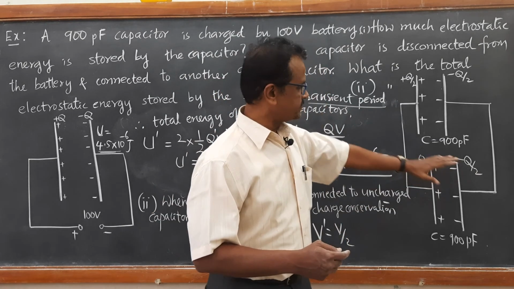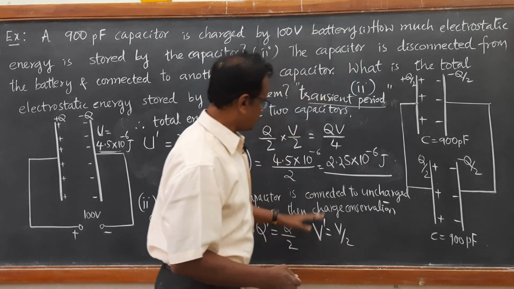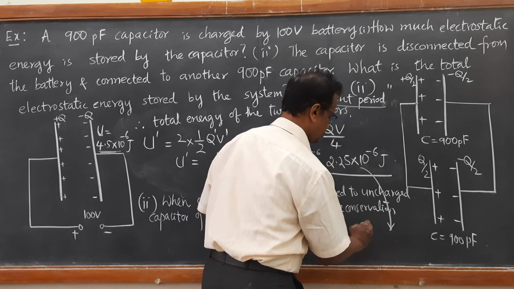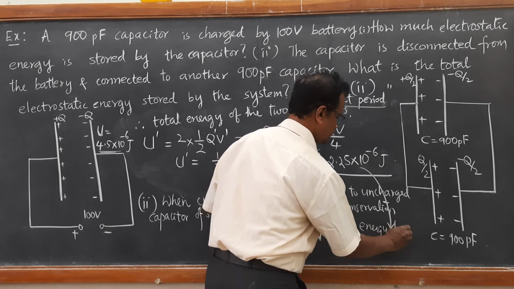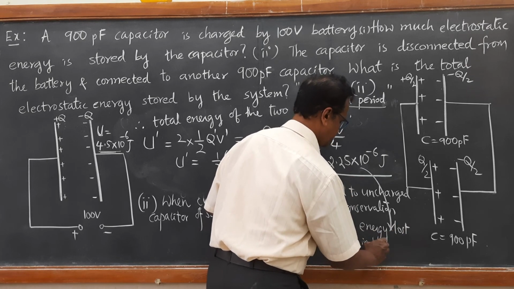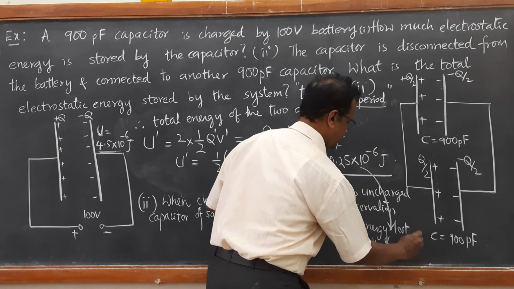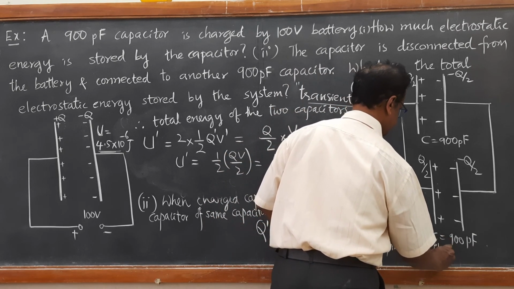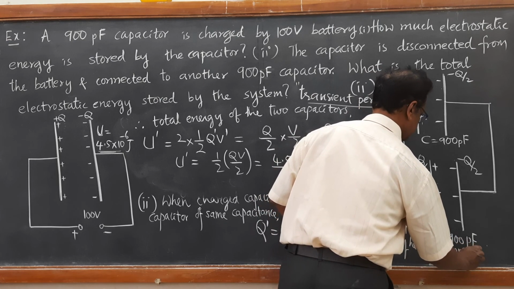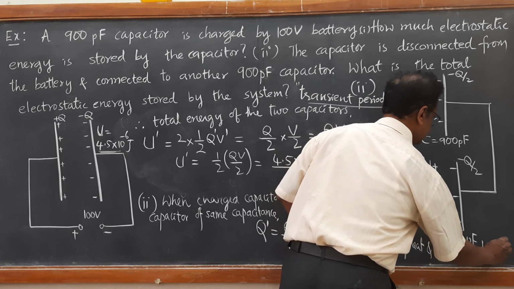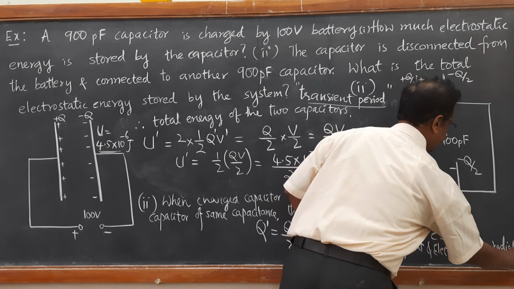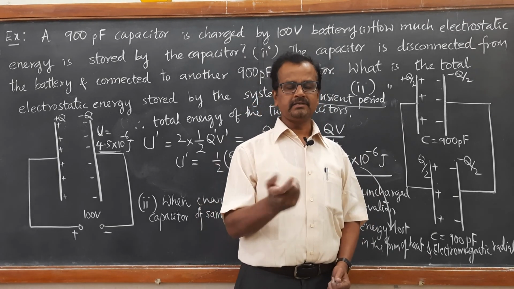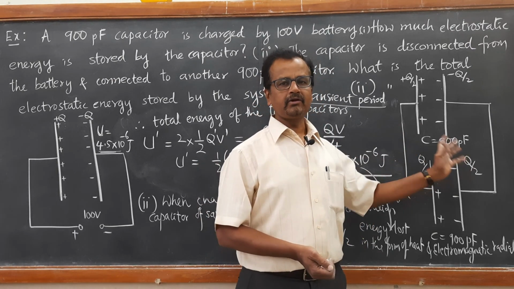So the half of the energy that is lost is mainly in the form of heat and electromagnetic radiation. Electromagnetic radiation will sometimes be in the form of a spark. A spark is nothing but light, heat and electromagnetic radiation.